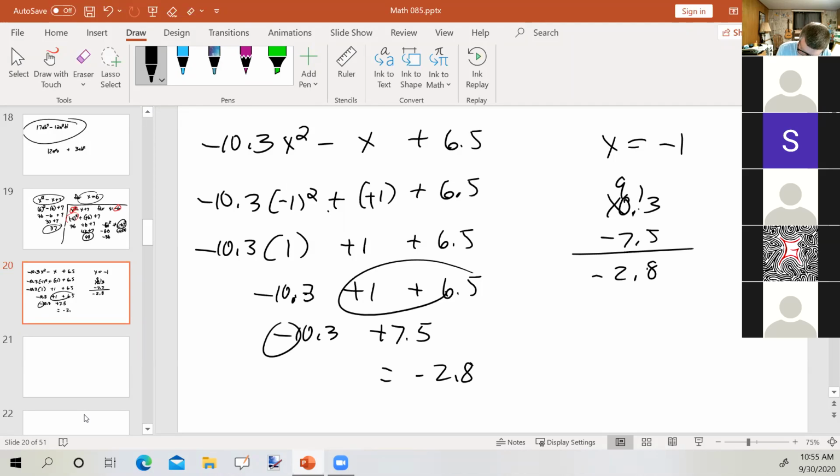So this is going to be negative 2.8. And if you're relying on your calculator, perhaps you've forgotten how to do that. But anyway, negative 10.3 plus 7.5 equals negative 2.8. Any questions there? Okay.